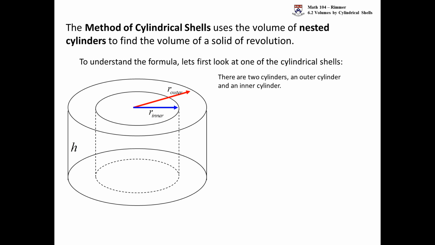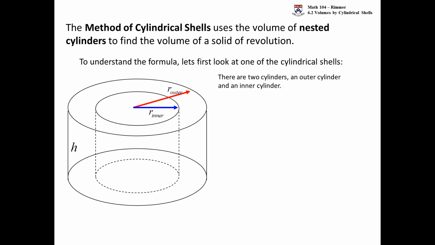We have an inner shell with the radius represented by the blue distance, an outer shell with the radius represented by the red distance. And what we're interested in is the in-between, basically the donut or region.